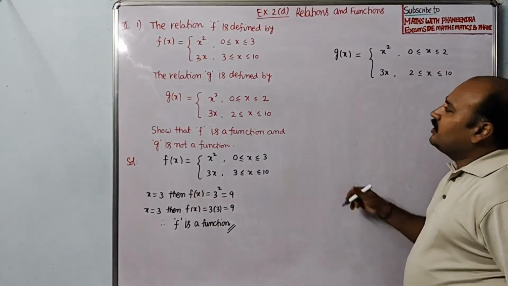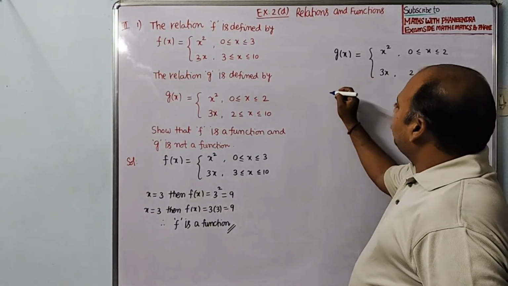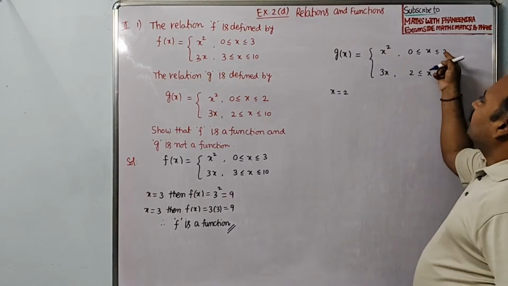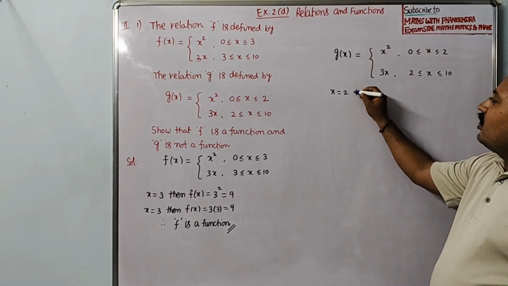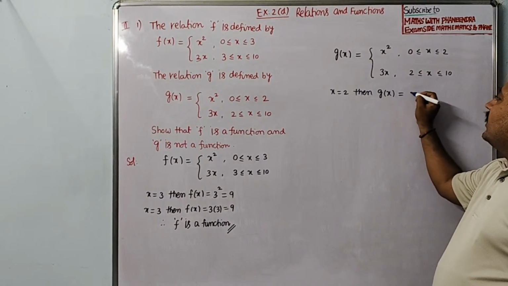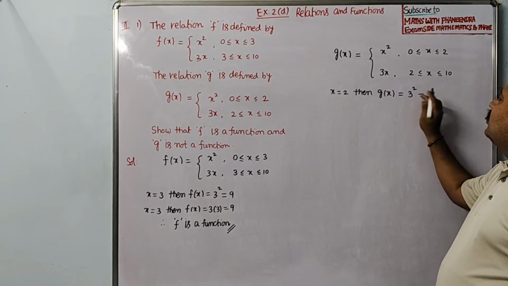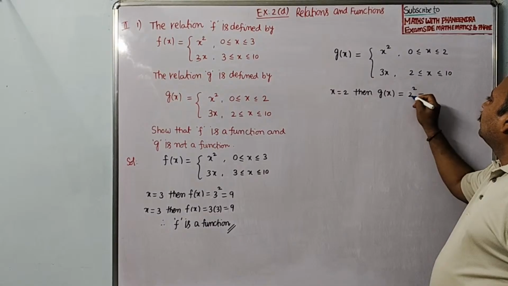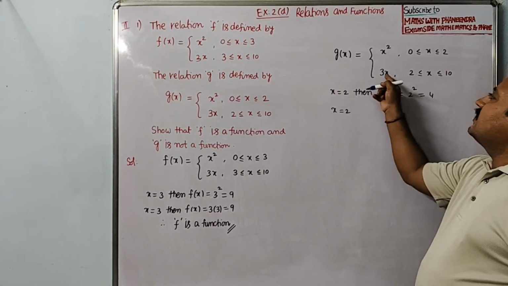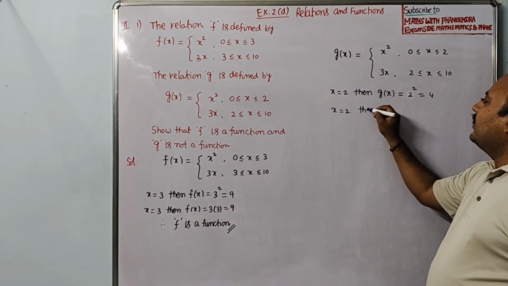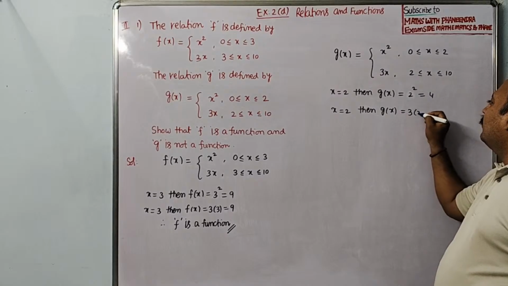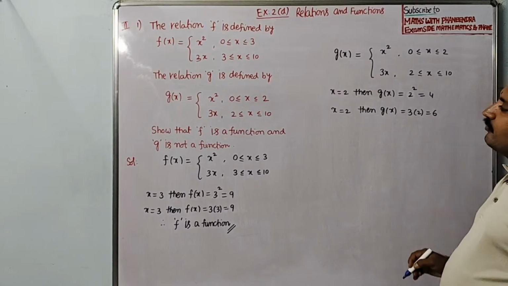But here in this function, suppose x is equal to 2, you take from this. Then g of x becomes 2 square, which is equal to 4. So x is equal to 2, if we take the second function, then g of x is equal to 3 into 2, which is equal to 6.